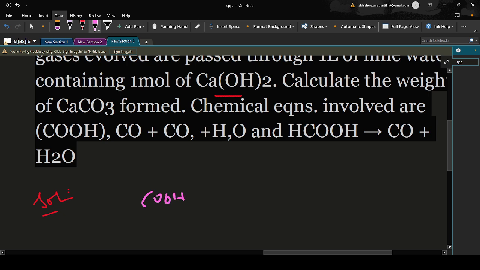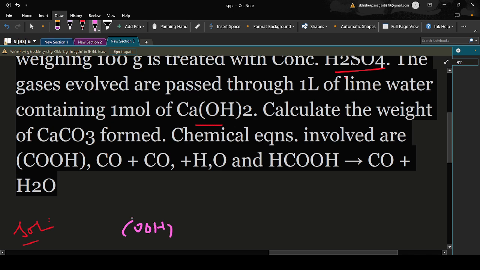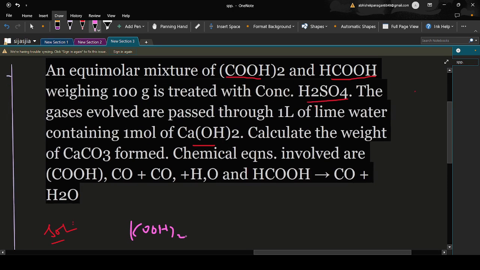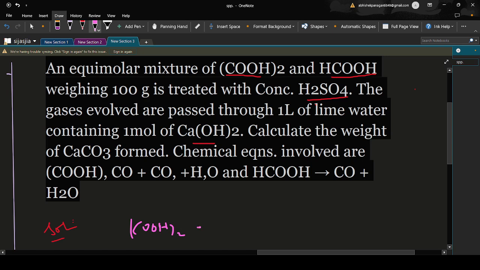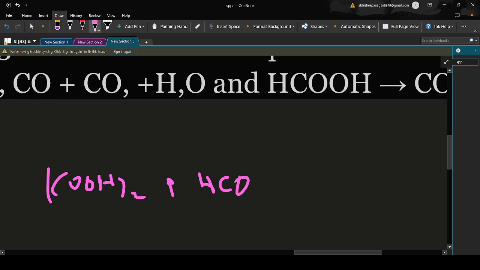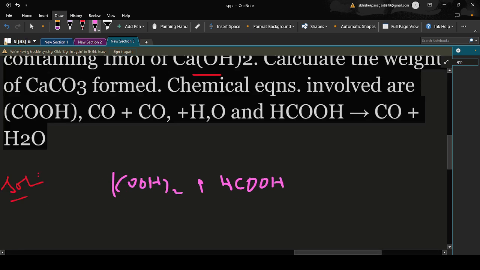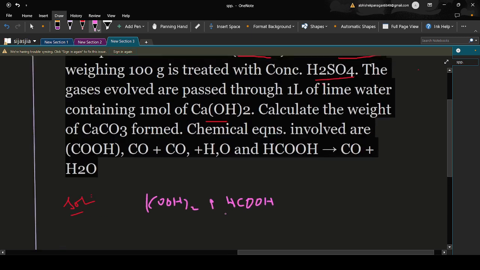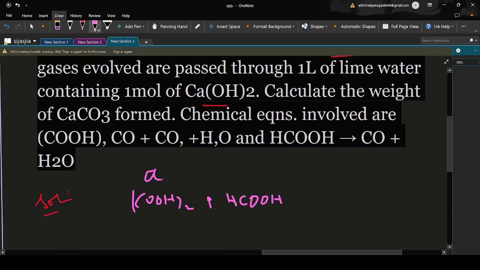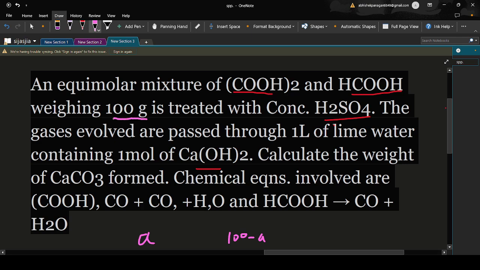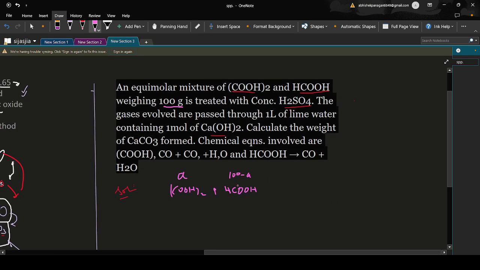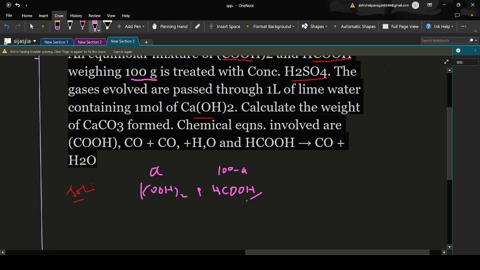Let's assume the mass of the COOH taken twice to be A, so the mass of HCOOH is going to be 100 minus A. That's of course what the question tells.